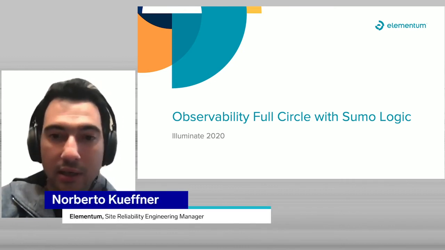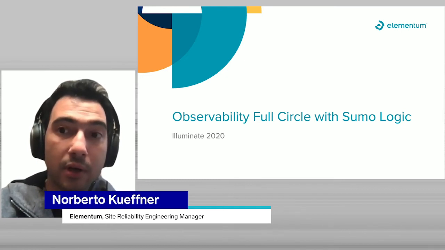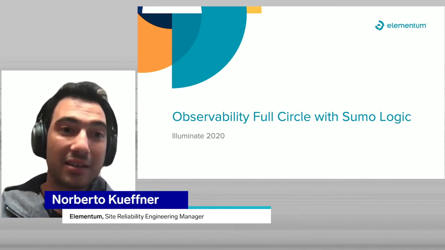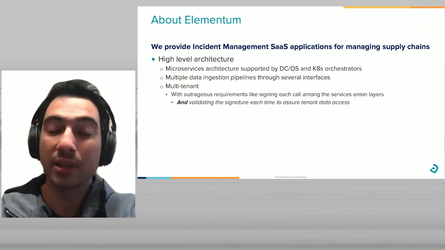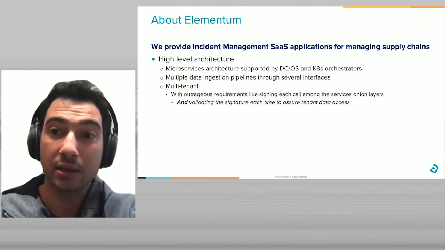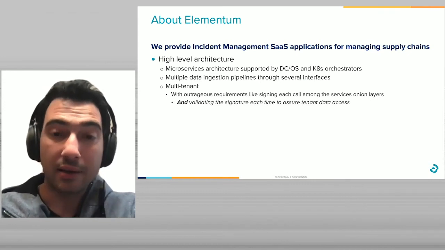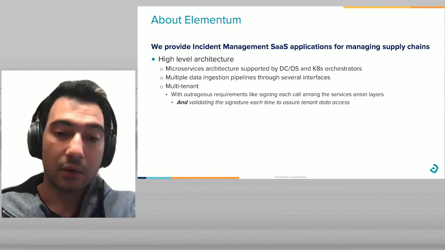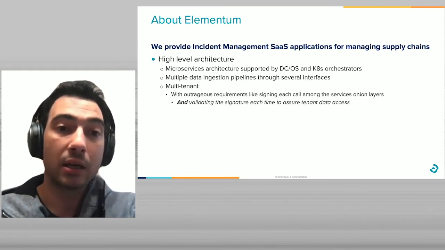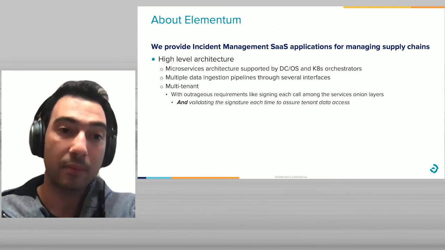All right. Hi, everyone. I'm Norberto. I work for Elementum. We are a small company. We provide the incident management application for managing supply chains. I would like to start by commenting on our high-level architecture, which is quite complex by all means.